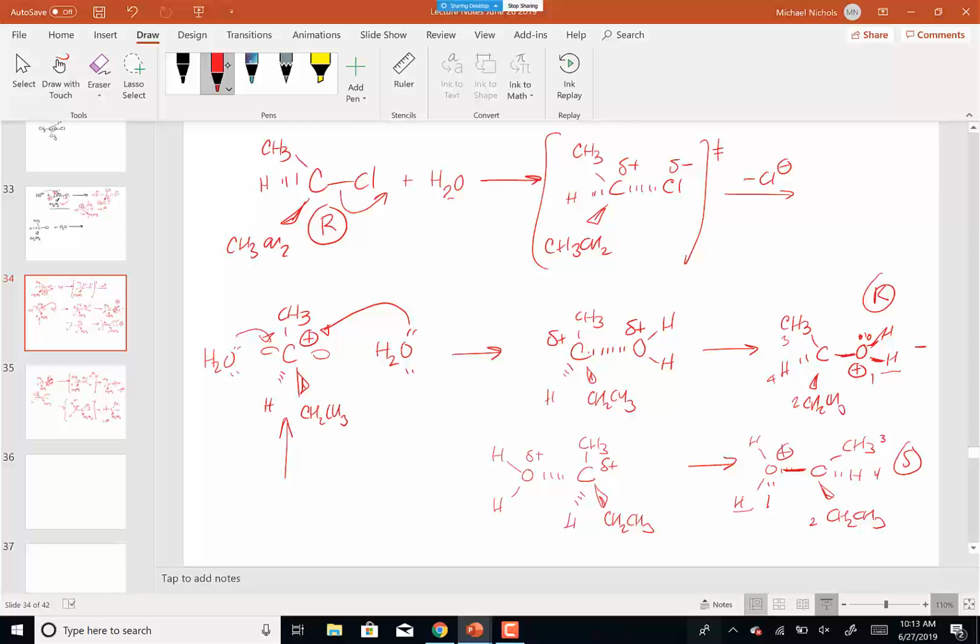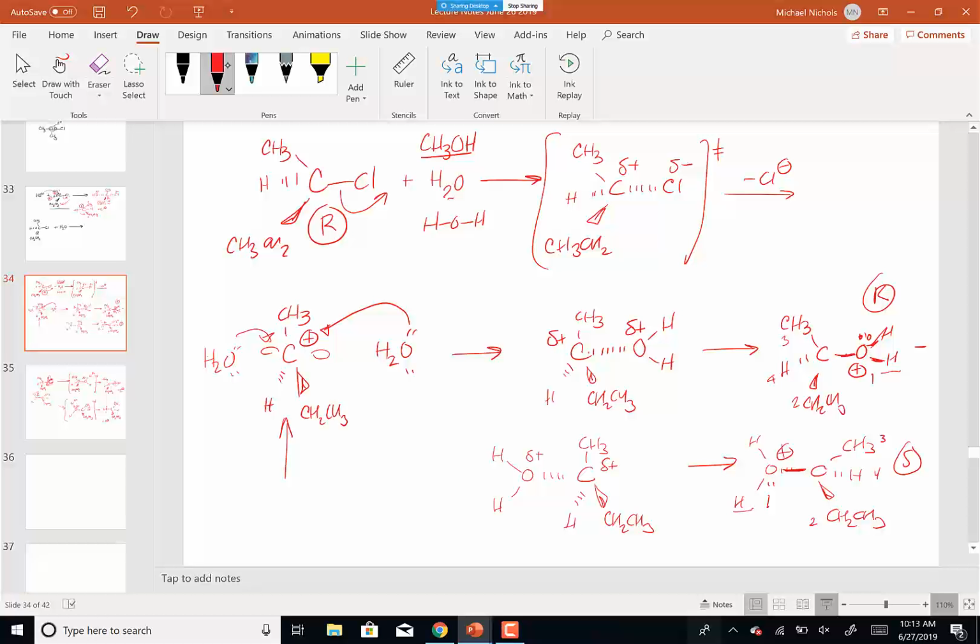If I said go through and write this mechanism again using CH3OH, you shouldn't think, oh my god, I can't do that. Because here's the secret to it: HOH and CH3OH.